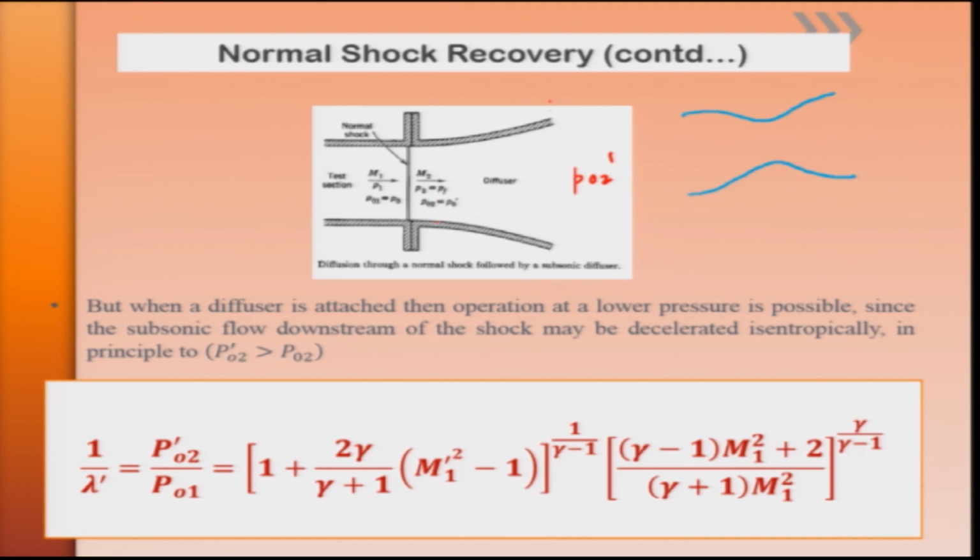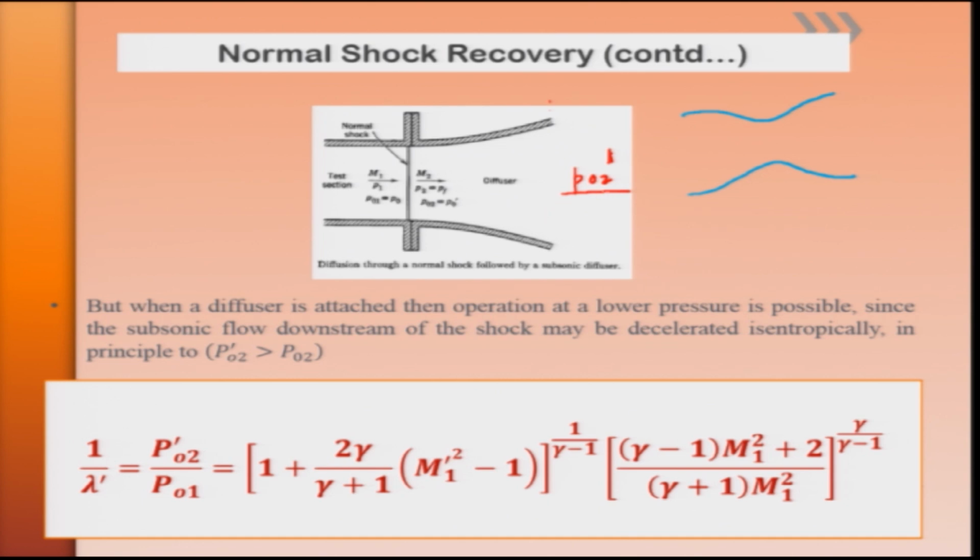That means whatever the stagnation pressure loss was incurred across the normal shock wave is recovered back, and the pressure increases to PO2 dash because the subsonic flow meets a diffuser, and hence the flow decelerates and the total pressure rises.